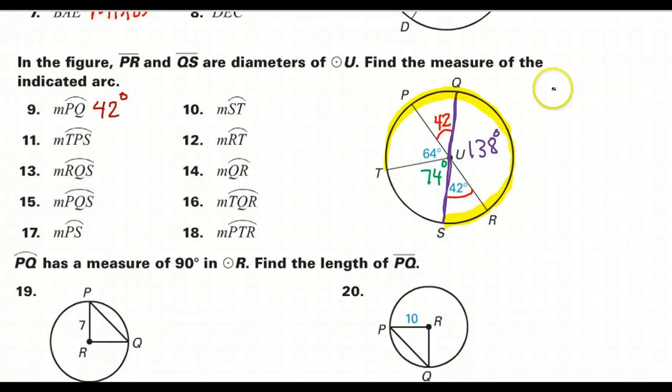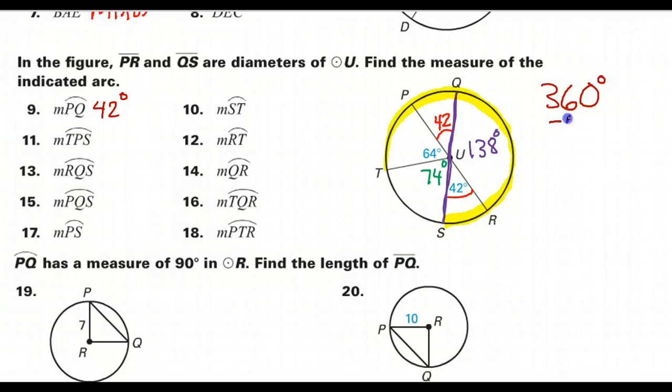Or it would be slightly faster to start with the fact that the entire circle is 360 degrees. And arc TPS, shown here in yellow, is almost the whole circle. It's everything except for the 74 degrees that's not included.